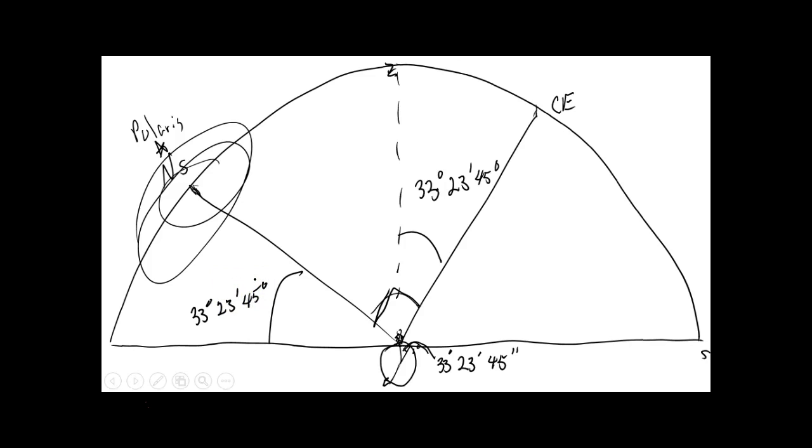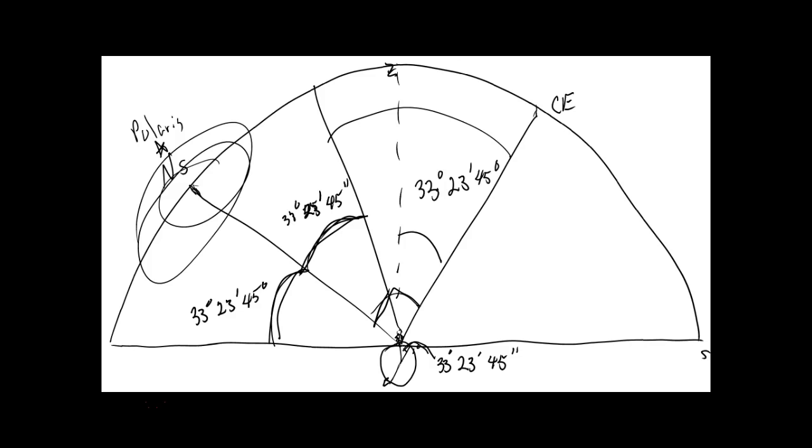So basically, any star that's between here, which would also be here, okay? So 33 degrees, 23 minutes and 45 seconds. Now, what would be the declination of those stars? Well, got a little bit of figuring to do.